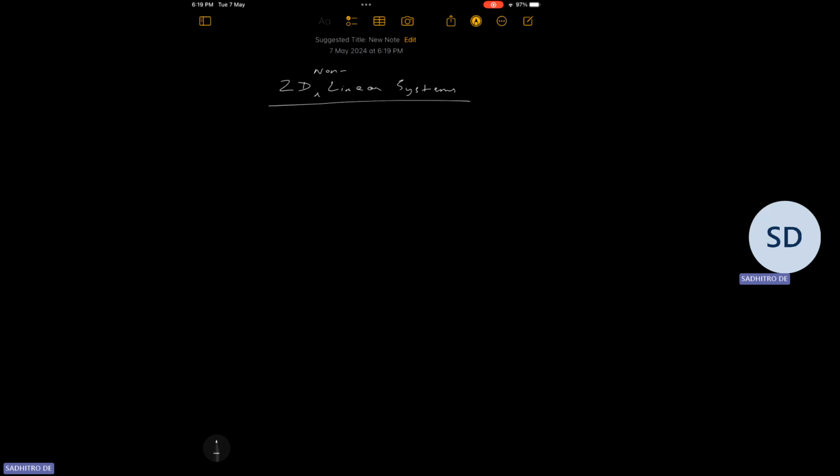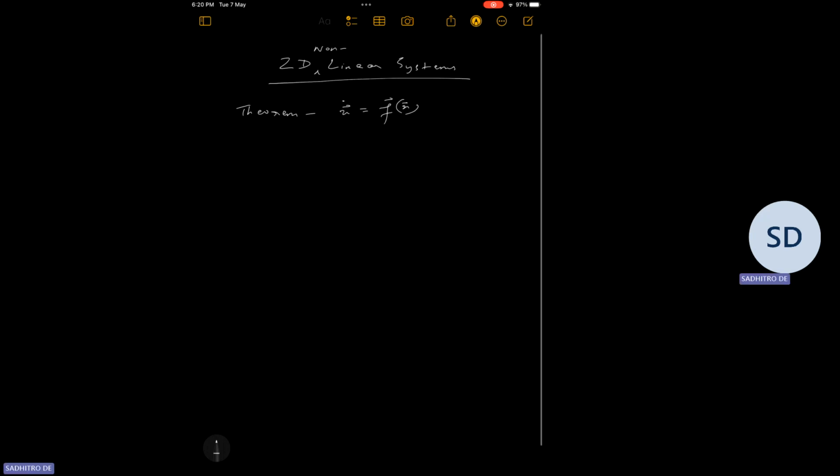So here's a theorem that actually says why the nonlinear centers are stable. The theorem is as follows. Suppose we have the 2D nonlinear system, or the conservative system rather, which is this. And suppose that f is continuously differentiable.